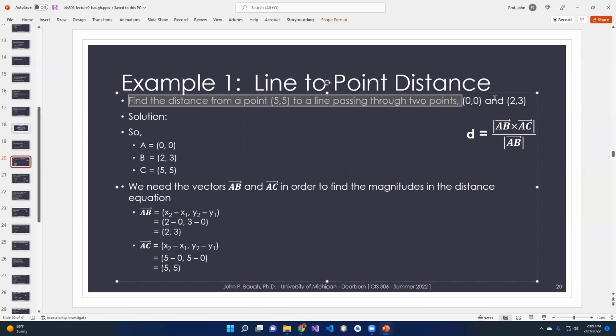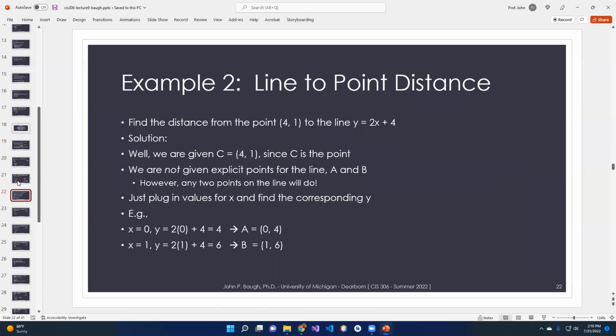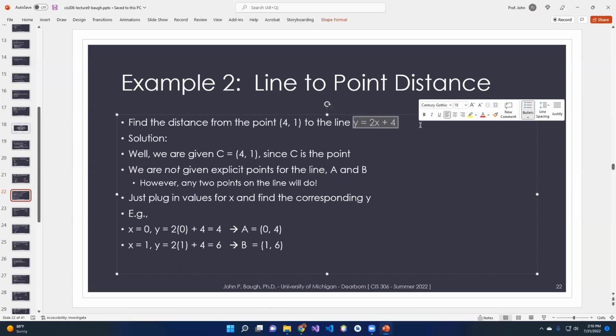Typically, or sometimes, you might be given maybe 3 points in total. So here I gave explicit points, but it's much more likely, as we went over last time, that you would get the equation of a line, such as y equals mx plus b.